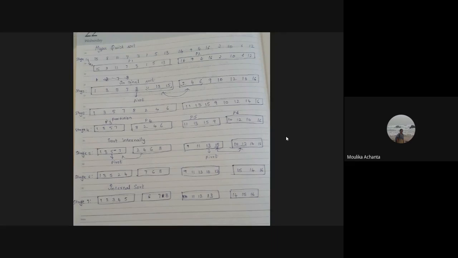Here it is divided into lists of 4 elements, and again, same as stage 2, we perform an internal sort. After the internal sort we take a pivot element, and the elements greater than the pivot in the first list are exchanged with the elements less than the pivot in the second list.